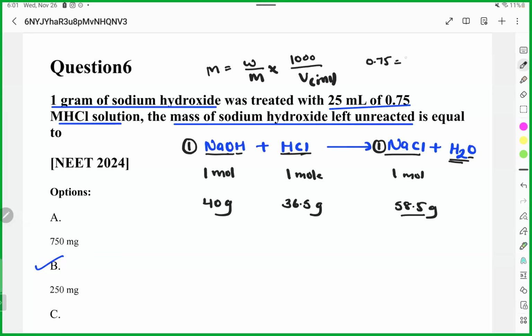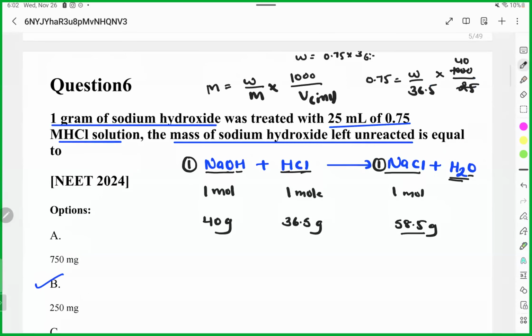What is the molar mass? 36.5 for HCl. What is the volume? 25. It will become 40. So what will be the weight? 0.75 multiplied by 36.5 divided by 40, you will get the weight.